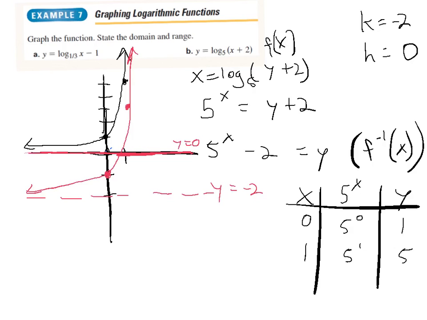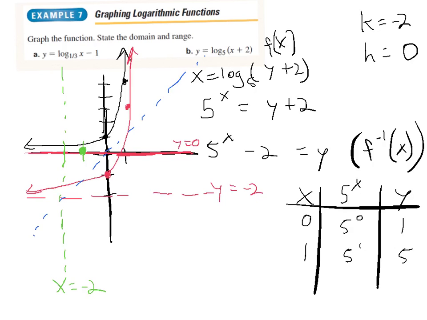Cool. I still draw y equals x, like normal. And then I'm going to do the inverse of that. So everything changes, right? Everything swaps. So our new asymptote is at x equals -2. Okay? We had 0, -1 for 1 point, so I'm going to have -1, 0 here.